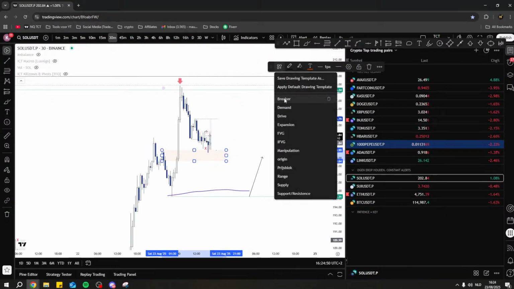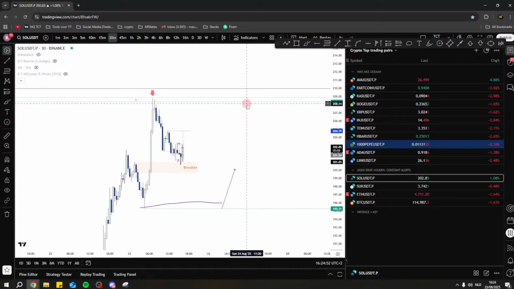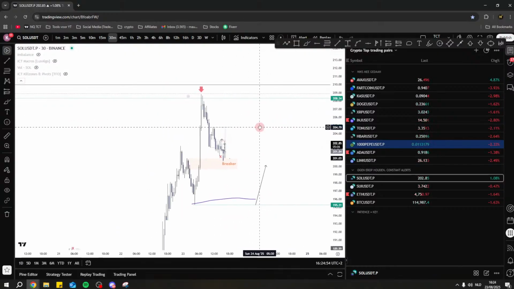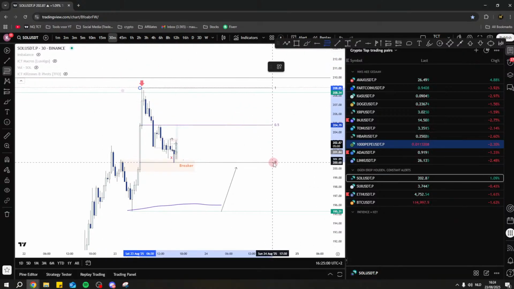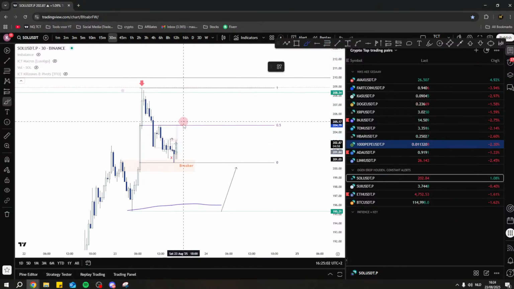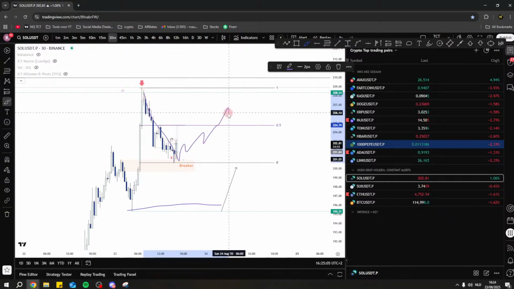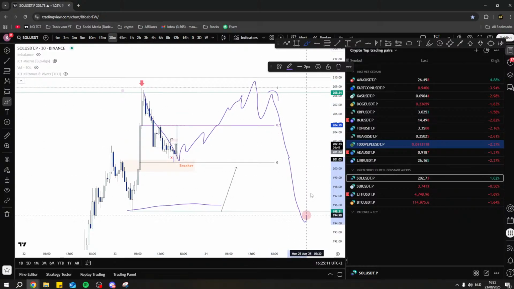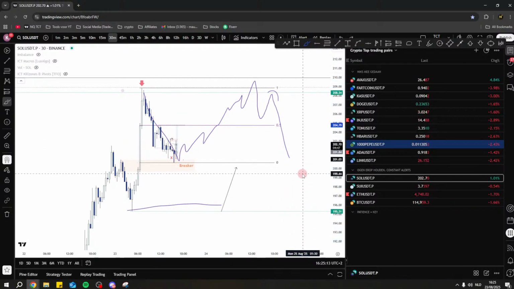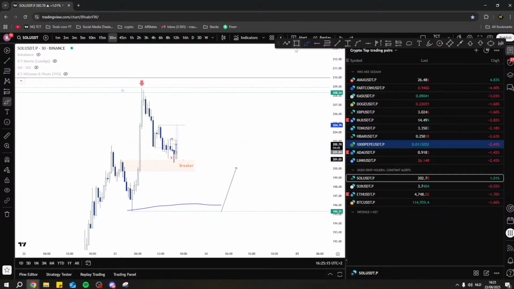Let's check out the bearish scenario though for Solana. So what we could do, we could start a range here where we could do something like this. Take out the high one more time, break down below, test that, and then absolutely dump down. That's a possibility. So we're nowhere near yet.